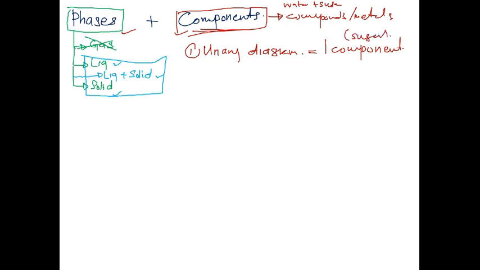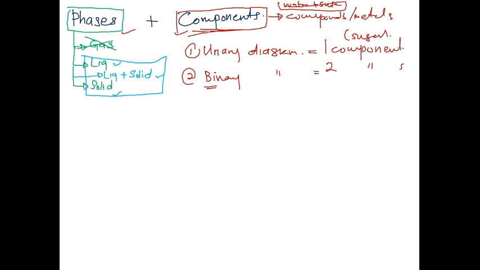The second one is the binary diagram. With the prefix bi, it means you have two components. For example, your water and sugar system is a binary diagram.